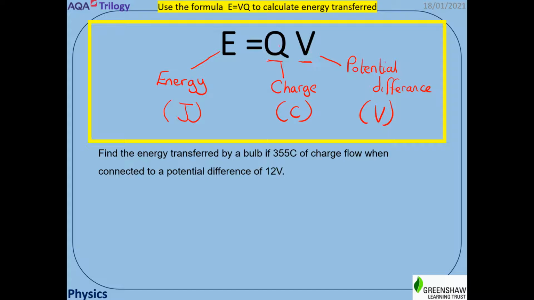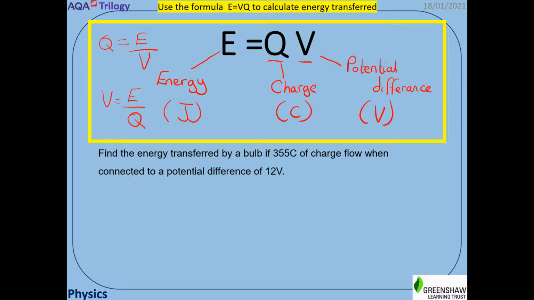So, for instance, if I want to make Q the subject, I divide both sides by V. So, Q will equal E divided by V. And V will equal E divided by Q. You need to be able to do that. You need to learn this equation. You need to be able to rearrange it to form either of those equations, depending on what you're being asked to do.